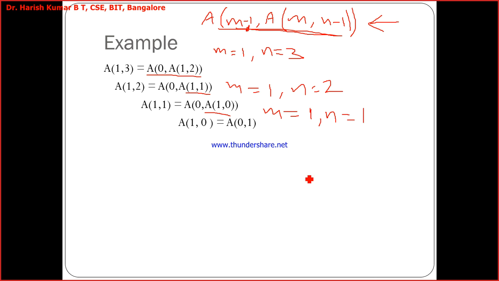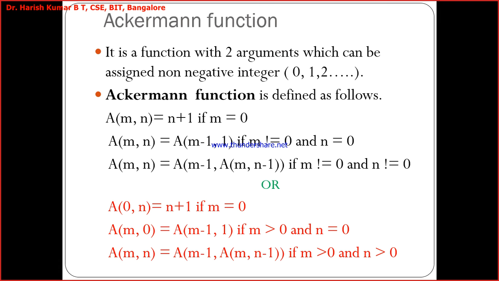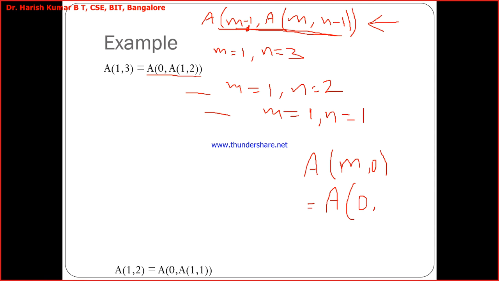So A of m comma 0 is equal to what it is, A of m minus 1 comma 1, sorry.